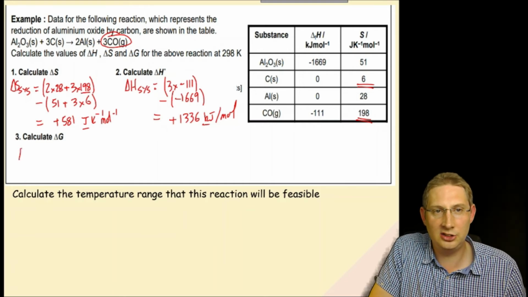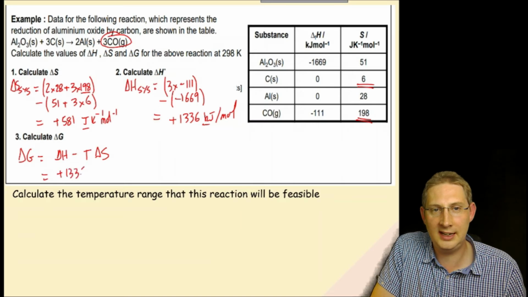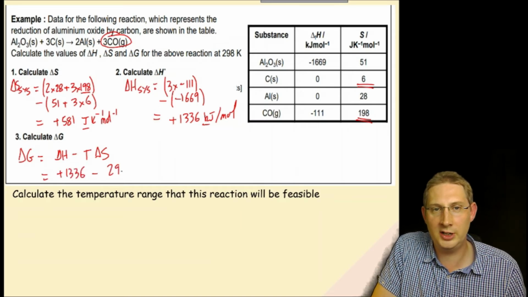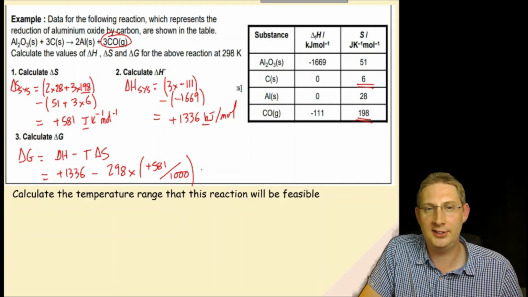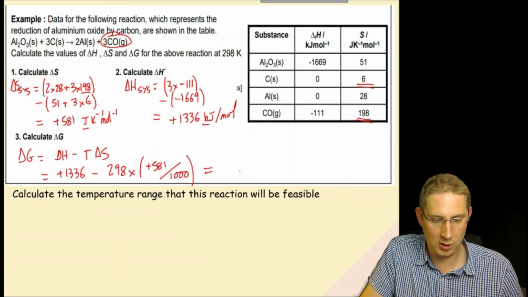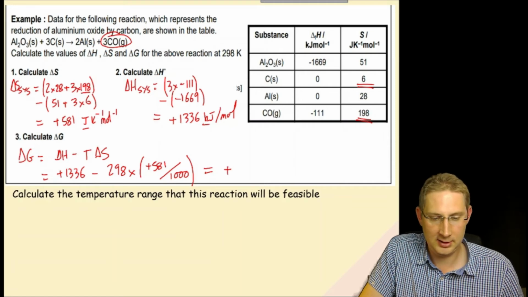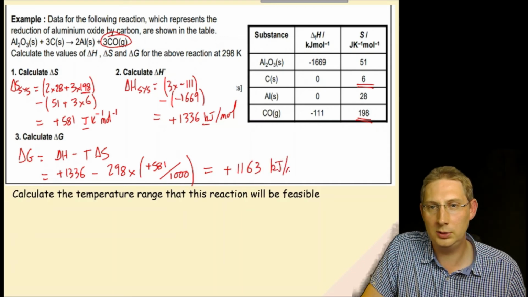Finally, calculate deltaG. deltaG equals deltaH minus T deltaS. deltaH is plus 1336 minus the temperature 298 times the entropy change plus 581, but that must be converted into kilojoules, so divide that by 1000 and we get the answer of plus 1163 kilojoules per mole.